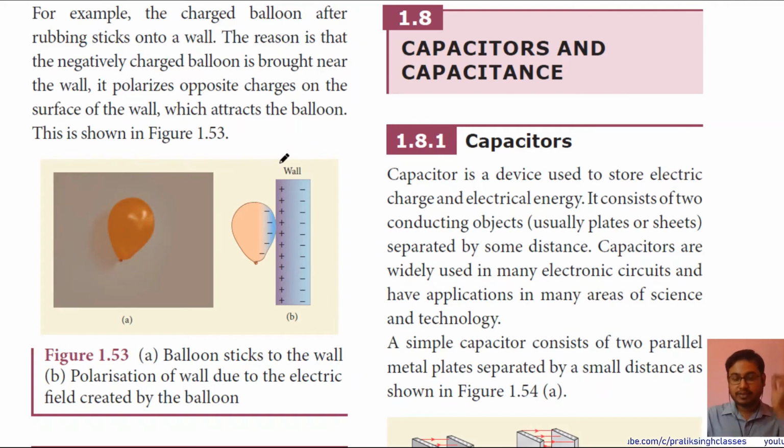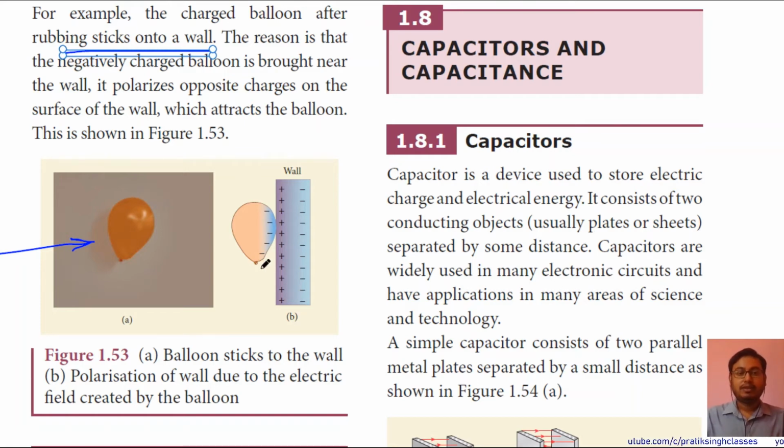Take an example of a charged balloon. After rubbing, the charged balloon sticks to the wall. As you can see here, this is a balloon and it is charged. When it is pressed to the wall, it sticks there. The wall is neutral, which means the number of positive charges and negative charges are equal in the wall.